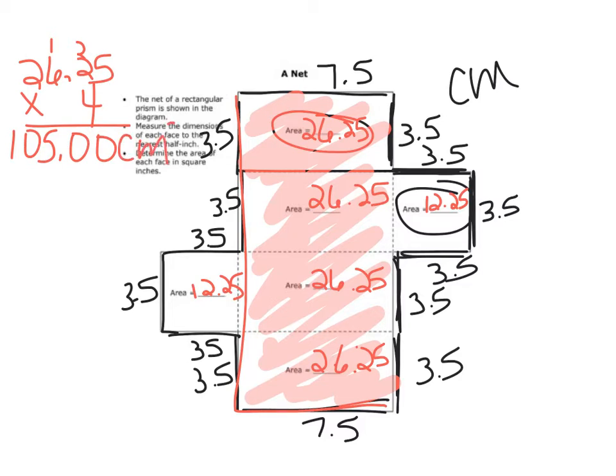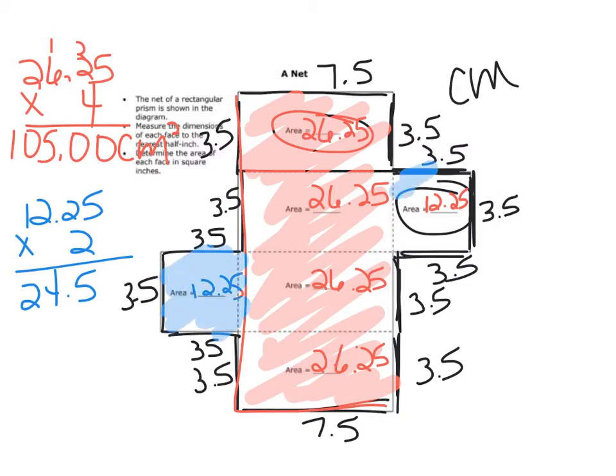Okay, so how about the area of the 3.5 squares? It'll be 12.25 times 2, which is 24.5. Okay, and that is this area. So in order to find the area of the whole thing, I would need to do what? Add them up.